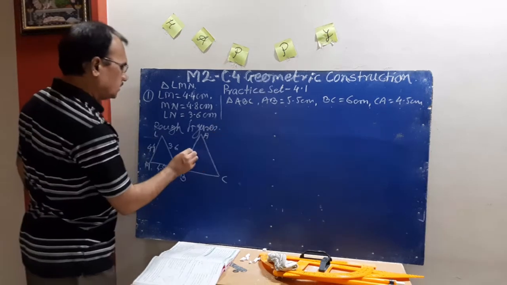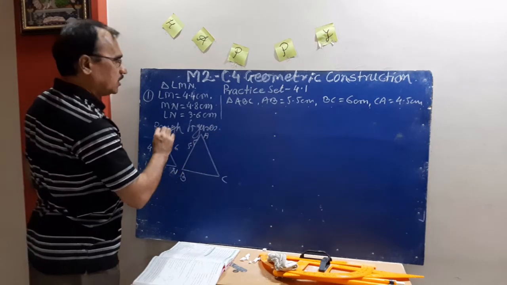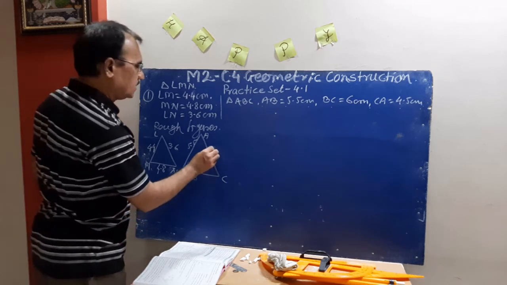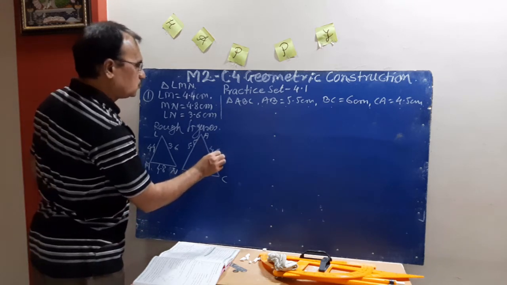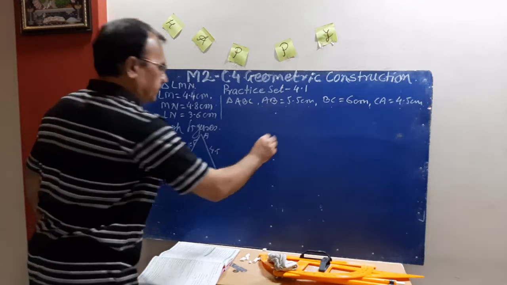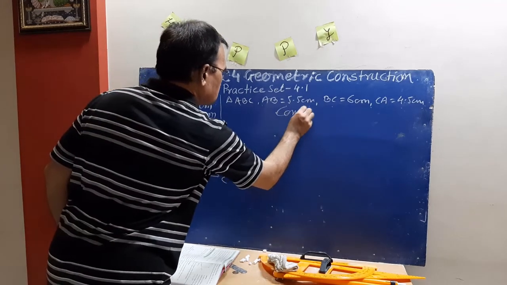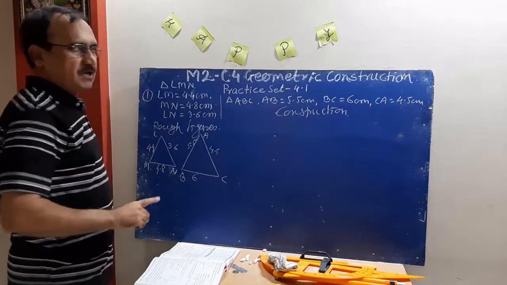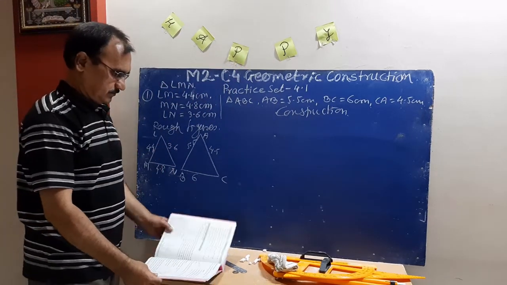Then AB 5.5, BC 6 and CA 4.5 cm. Then construction. Draw this rough figure in board exam also.